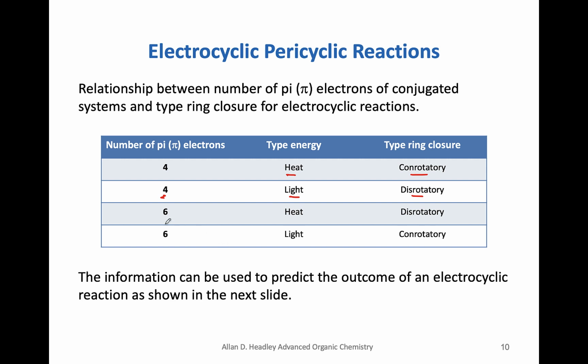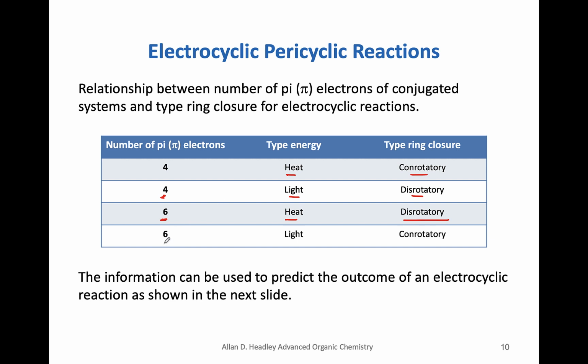Let's take it a step further. If we have a polyene that now has 6 electrons, you may want to do the molecular orbitals with the 6 orbitals, and convince yourself that in the presence of heat, it's now a disrotatory ring closure to get the symmetry allowed overlap.